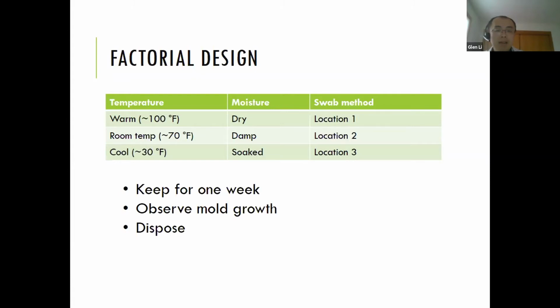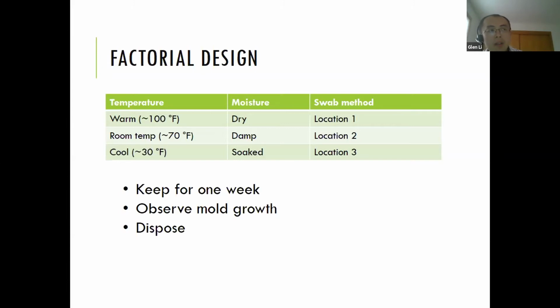So we have essentially 3 factors, right? Temperature, moisture, and the surface we're swabbing it on. Each of these factors has different variables. We can call them levels, right? So we have different levels of temperature, different levels of moisture, and different swabbing surfaces.